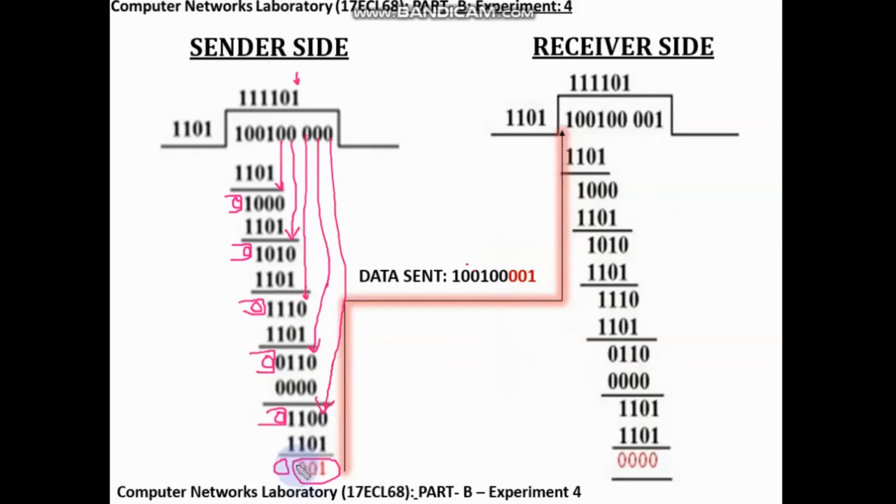This is the final remainder, and here the divisor is of 4 bits, and we have to take only 4 bits of this remainder, that is 3 bits from the right is the CRC value.